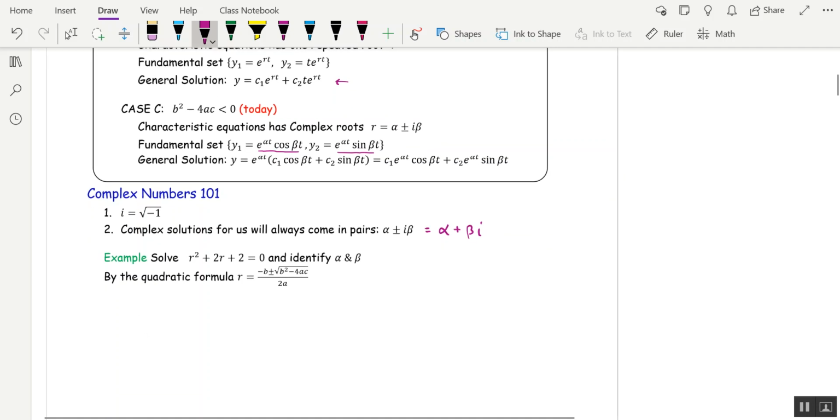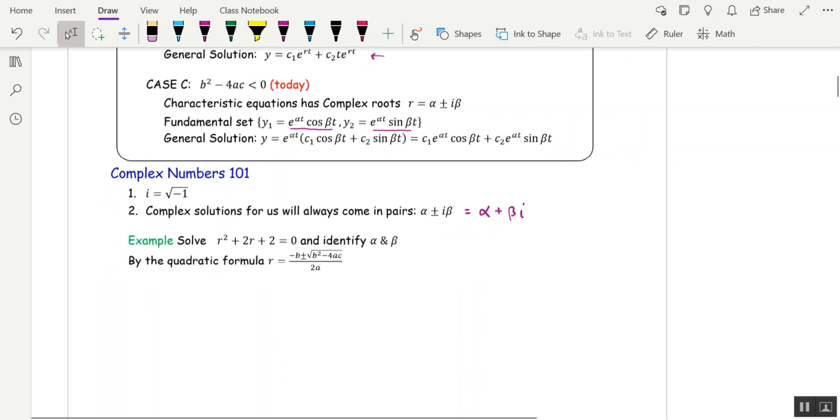Suppose we want to solve the quadratic equation r squared plus 2r plus 2 equals 0. So we try and factor it. We don't get much luck, so we go ahead and use the quadratic formula, which I've written down for your convenience. In this case, r equals -2 plus or minus the square root of b squared, that's 4, minus 4ac, 4 times 2 is 8, over 2a.